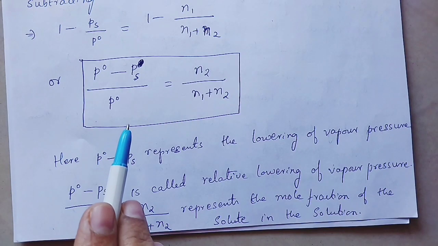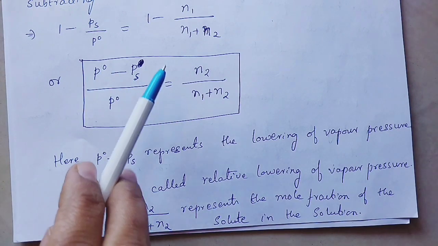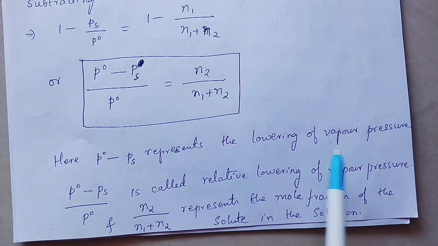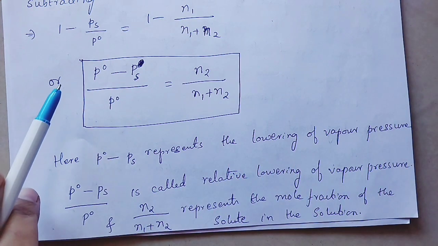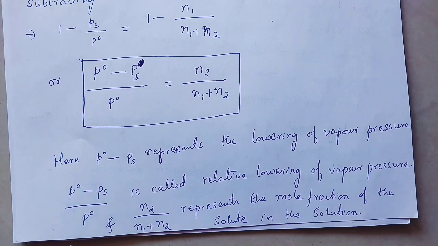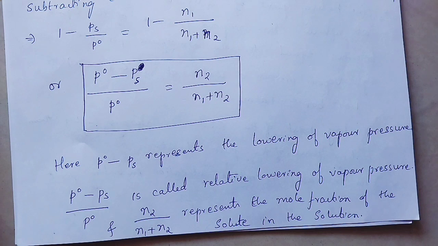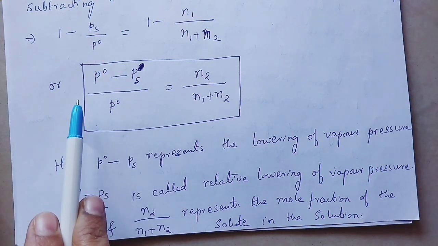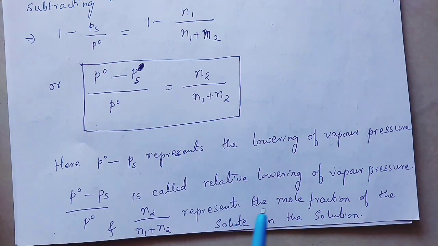So here the P naught minus PS term will represent lowering of vapor pressure, and P naught minus PS by P naught, this term is called relative lowering of vapor pressure. And here N2 by N1 plus N2 represents the mole fraction of solute in the solution. So relative lowering of vapor pressure depends on the concentration or mole fraction of solute in the solution.